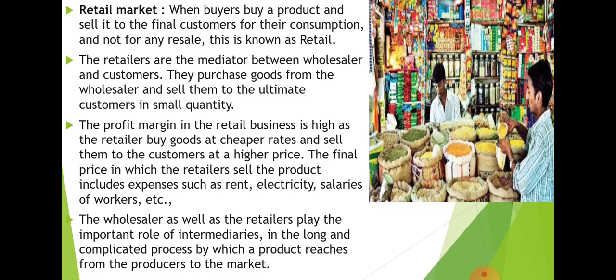Generally, the customer cannot go to the wholesaler to purchase one product, because they always give their product in a bulk amount. So we cannot go to the wholesale market and purchase only a single product. Retailers are a mediator basically: they purchase the product from the wholesaler and give it to the customer.